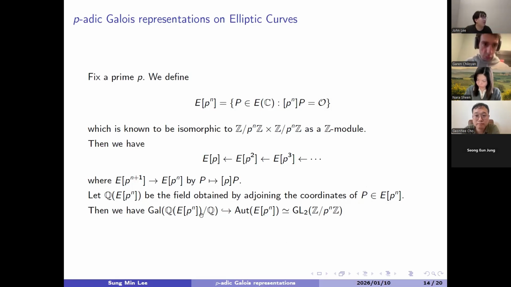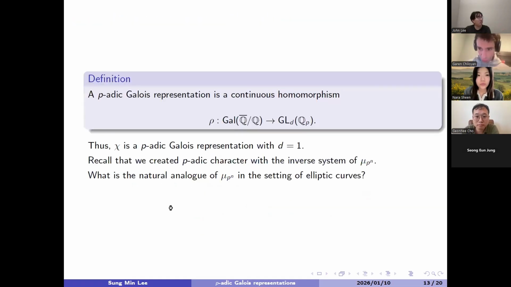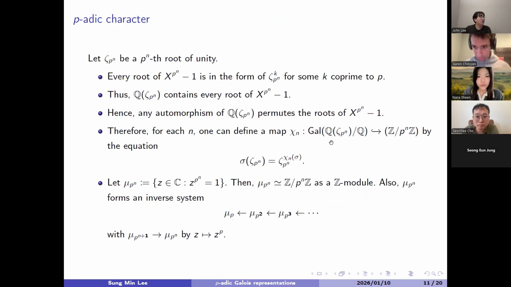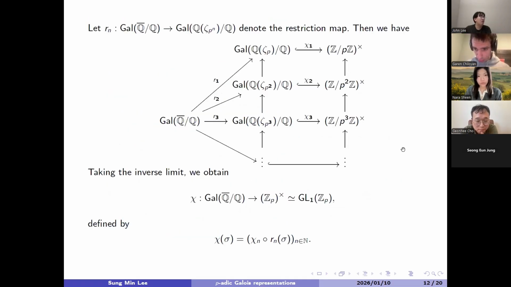And then we can consider a map, Galois Q(E[p^n]) over Q, to the automorphisms of E[p^n], because like in the previous case, if I go back here, any Galois automorphism is shuffling the roots in here, so it can be injected inside the (Z mod p^n Z)^×.